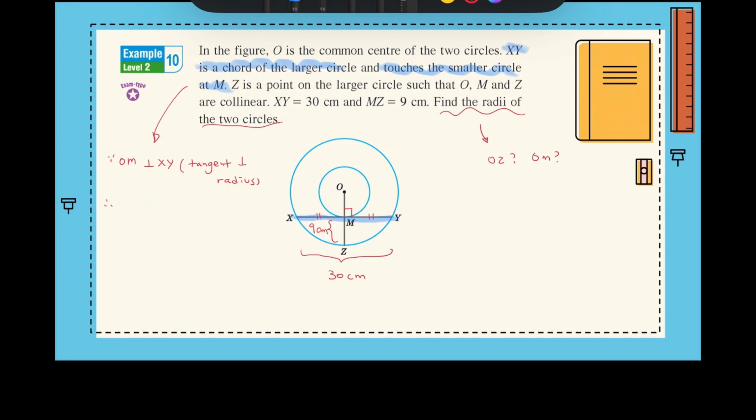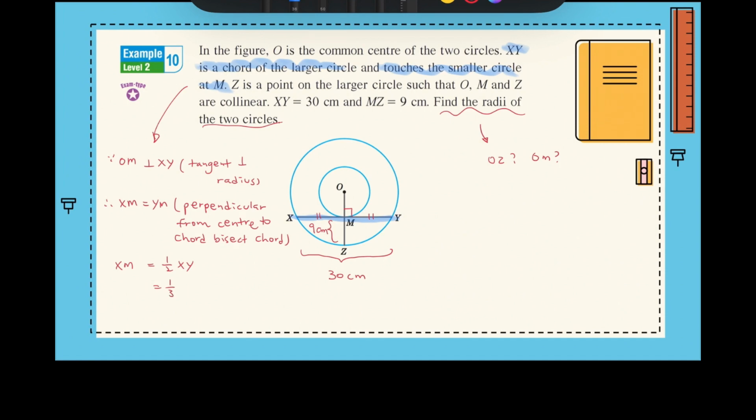And when this is perpendicular, we know that these two lines are equal length, because the perpendicular from center to chord bisects chord.